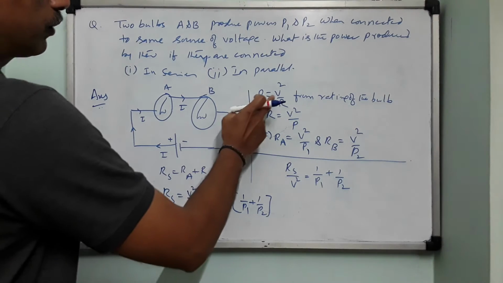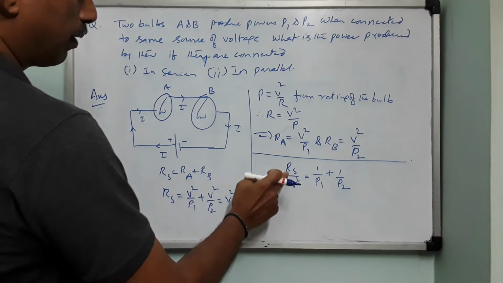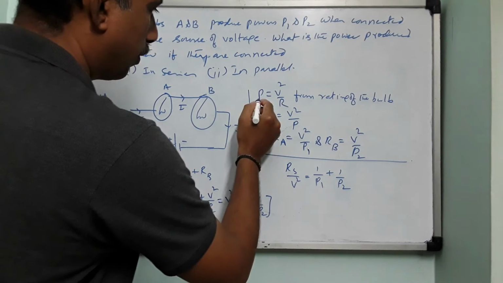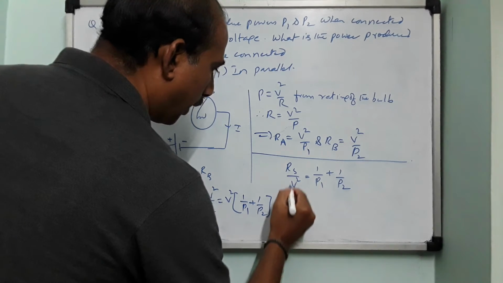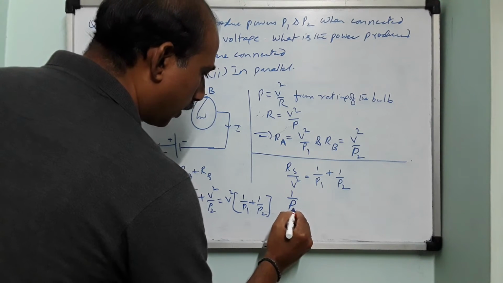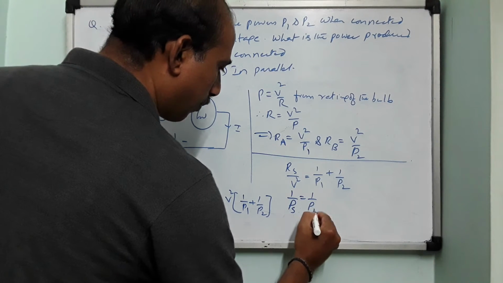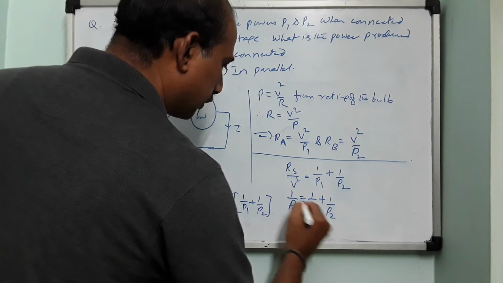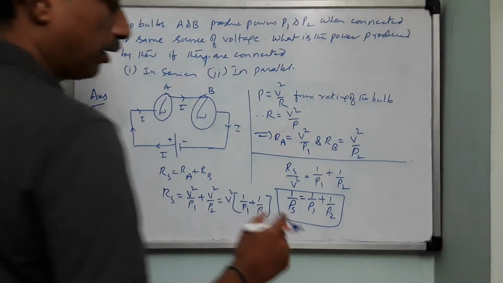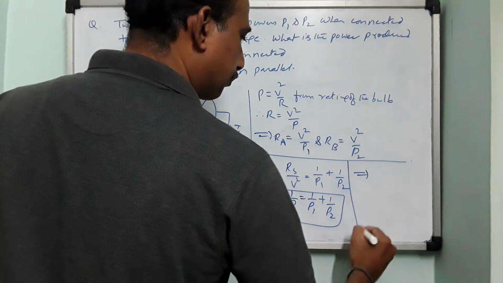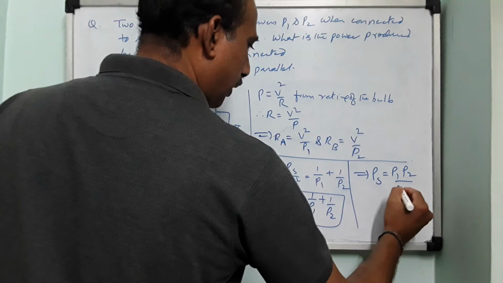Since P equals V square by R, R by V square is nothing but 1 by P. So 1 by P, and since we are using this for series, we write a subscript S: 1 by P series equals 1 by P1 plus 1 by P2. This is the total power consumed. You require P series, not 1 by P series. This implies P series equals P1 P2 divided by P1 plus P2.